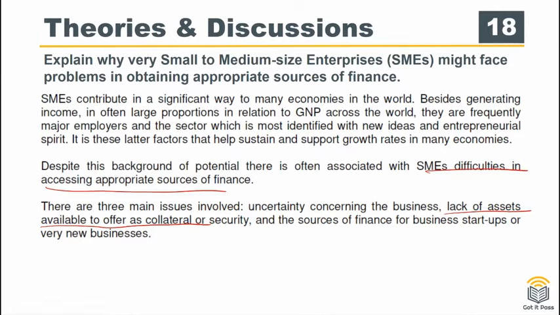The other one is uncertainty concerning the business. Okay, because SMEs are sometimes new, they are young. The overall business model is also too young. There is a lot of uncertainty about the business, and those SMEs may not have enough experience to handle that uncertainty.